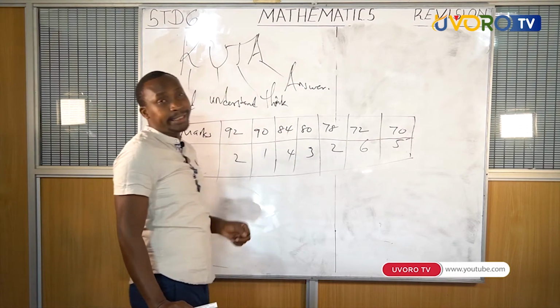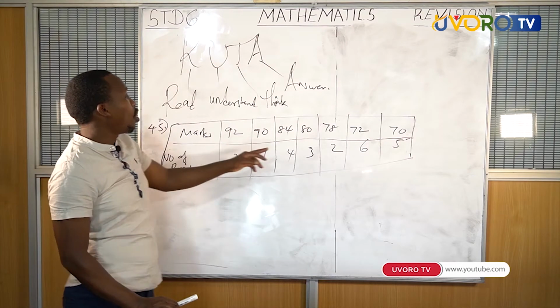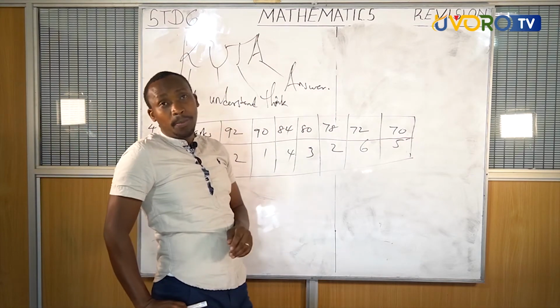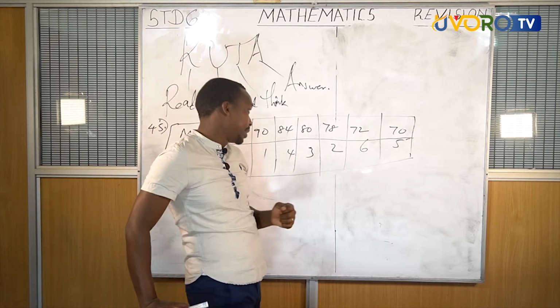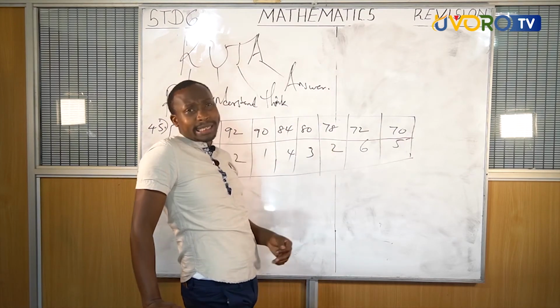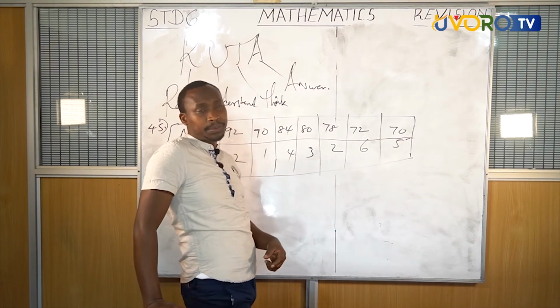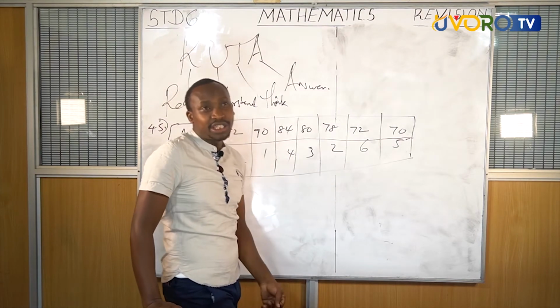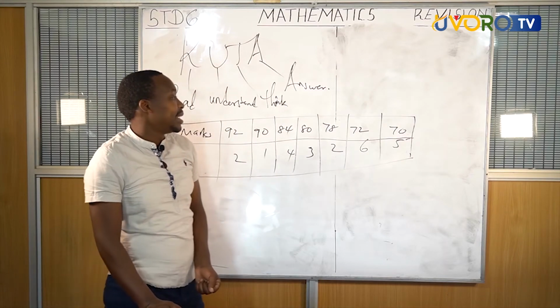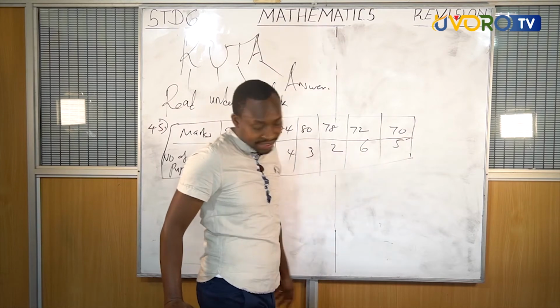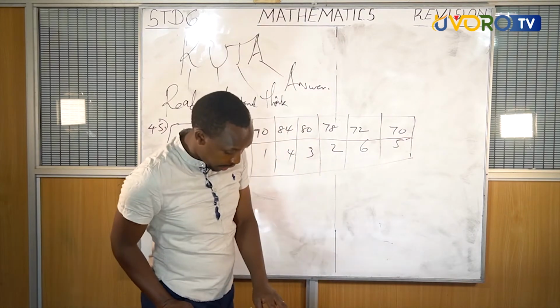Those who scored 84, it was 4. 80%, these pupils were only 3. 78%, they managed to be 2. 72%, they became 6. And lastly 70%, you have 5.